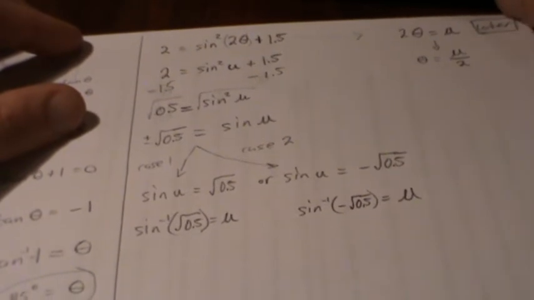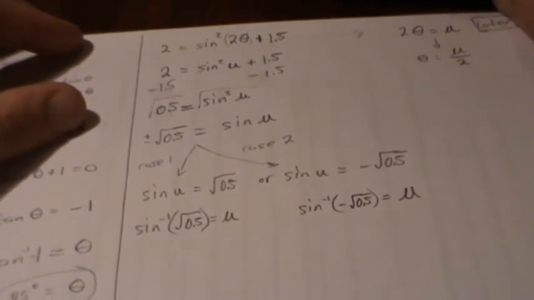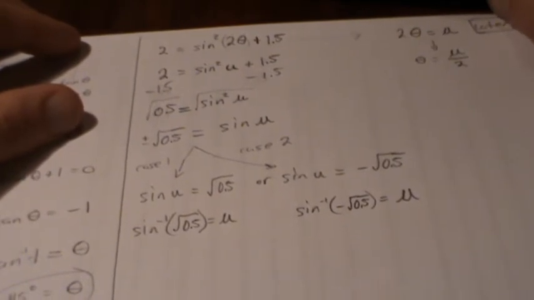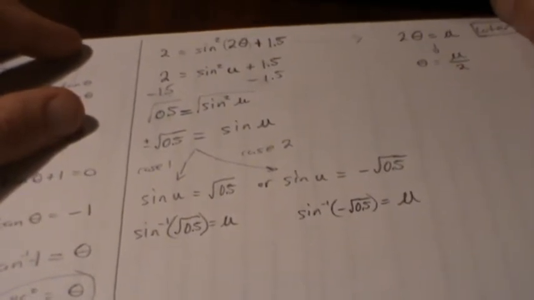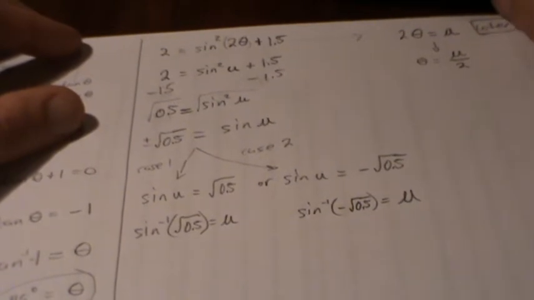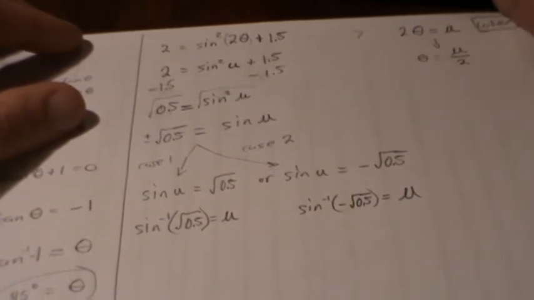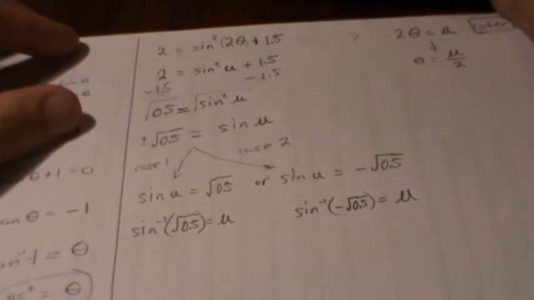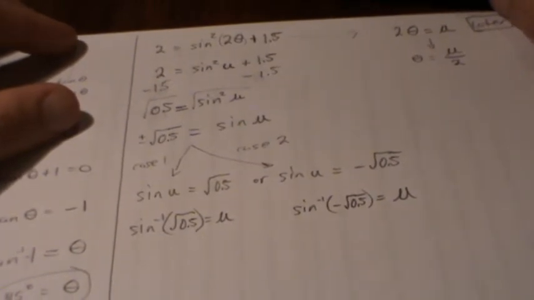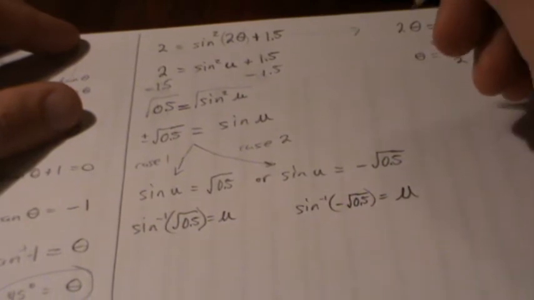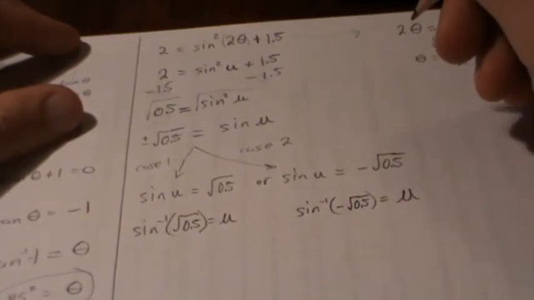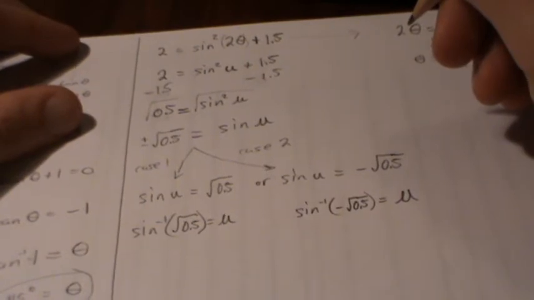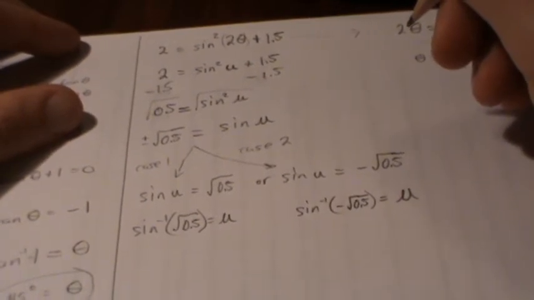Sine inverse of a negative square root of 0.5. Enter. Oh, that works out nice: negative 45.